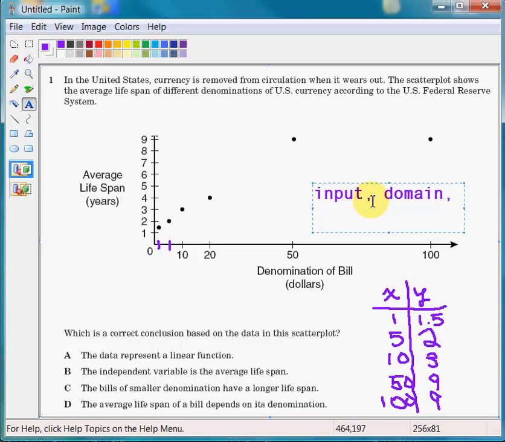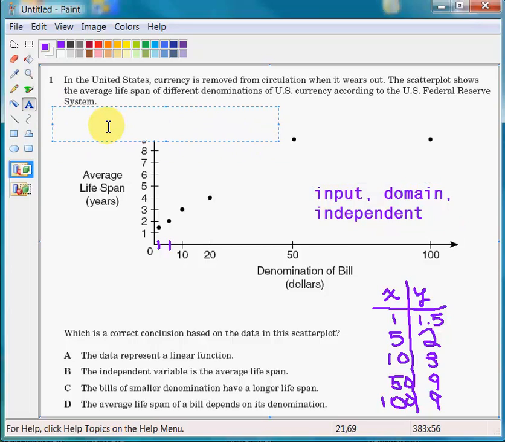And they are independent. The Y values, that's our output. They make up the range, and they are dependent.